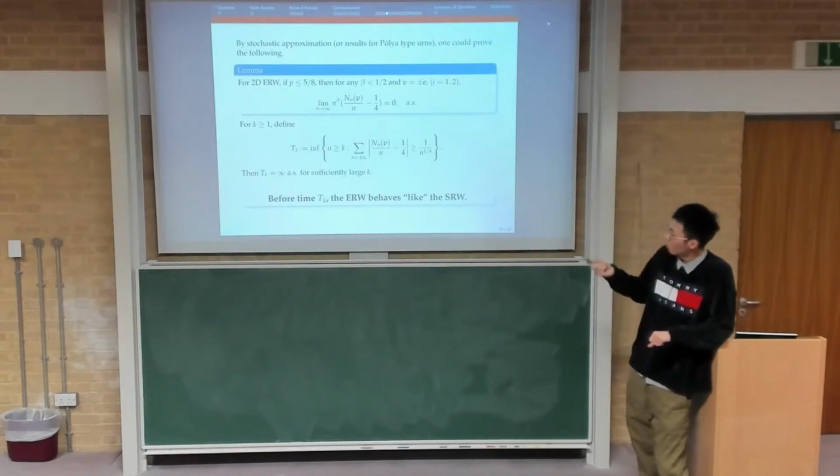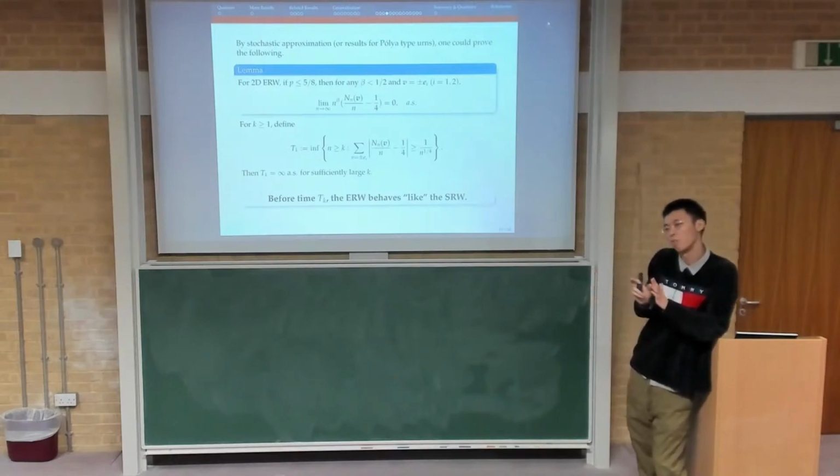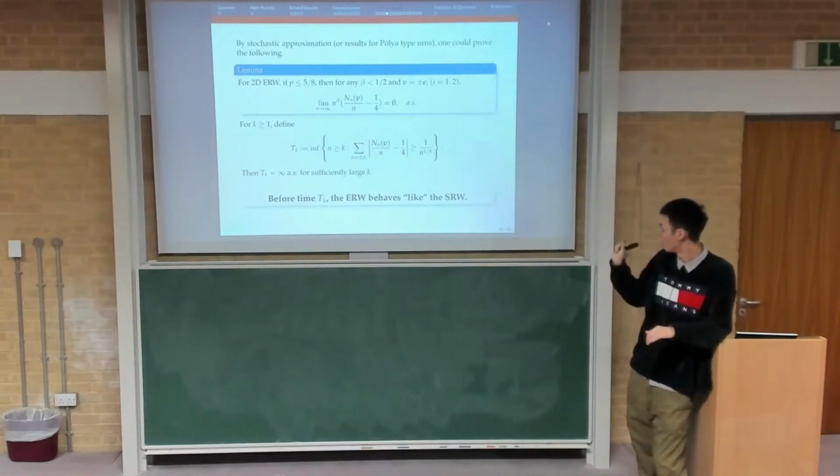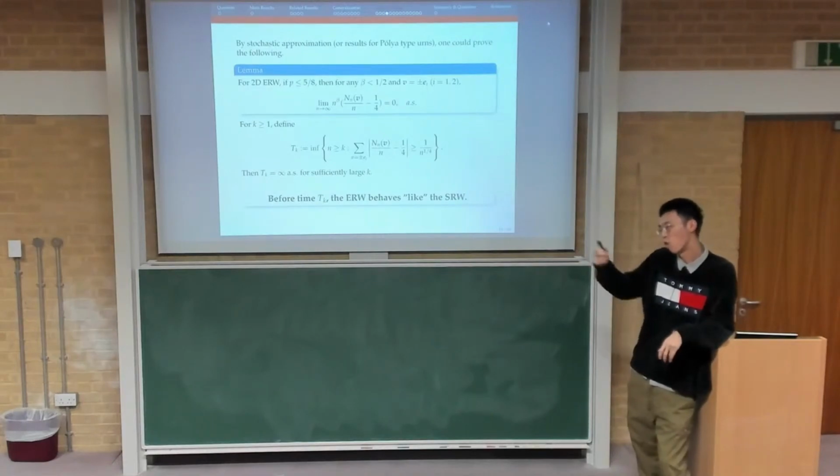Then we can define a stopping time, tk. Actually, tk is the smallest time after time k at which there is a little bit of difference between the empirical measure and the uniform measure 1/4. Non-rigorously speaking, we start the process at time k.